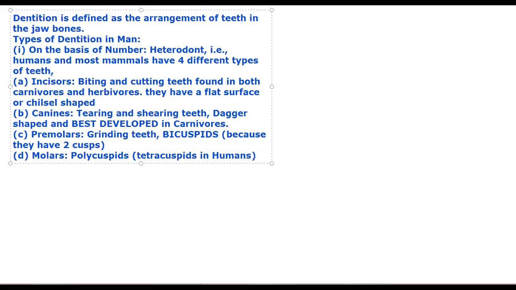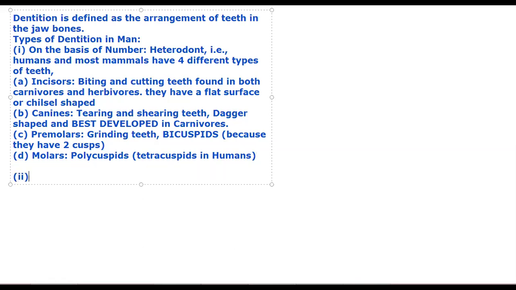In man you have 4 cusps. If you feel your tooth surface with your tongue, you'll find 4 projected ends. That is called the cusps. So this is the classification on the basis of number.